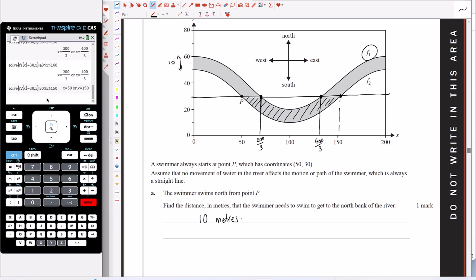Okay, so I'm going to integrate from 50 to 200 on 3, and the top function there is going to be y equals 30. So it's going to be 30 minus f2. From 200 on 3 to 400 on 3, it's going to be f1 minus f2. And then from 400 on 3 to 150, it's going to be 30 minus f2 again.